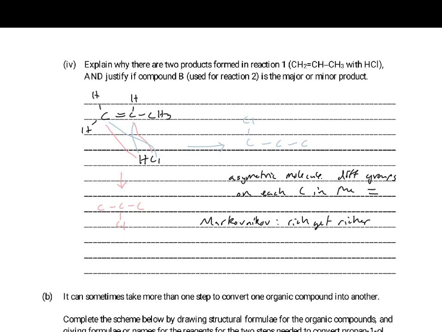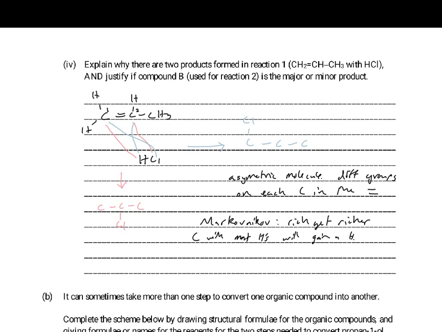Again, you can remember that little statement, but you can't just give it because it won't give you any marks. What it actually means is the carbon with most hydrogens will generally gain a hydrogen. And again, you need to be specific. You need to actually relate it to this particular example.